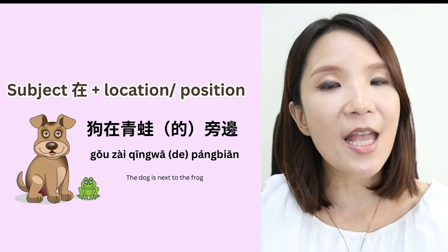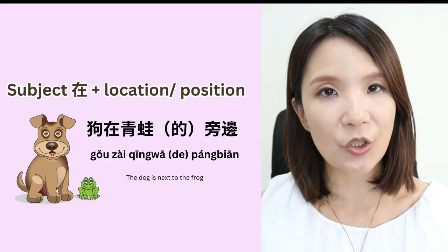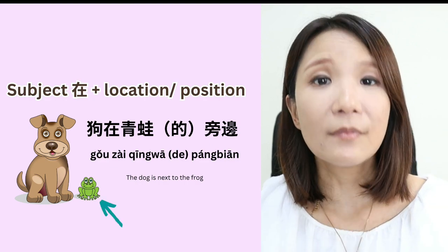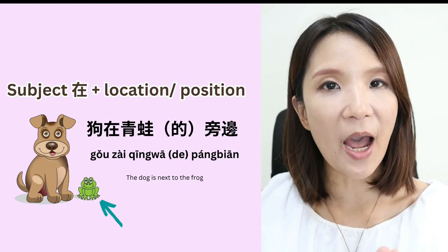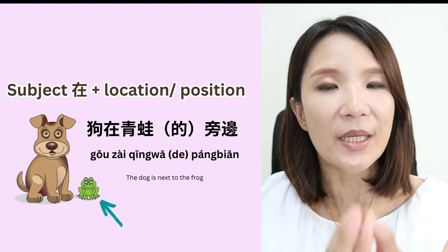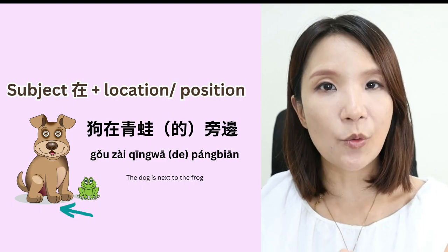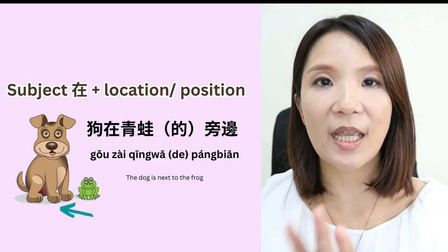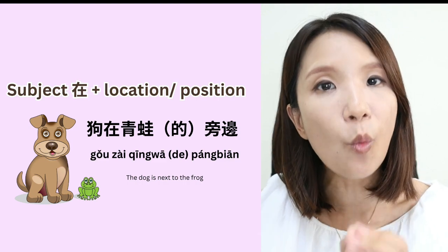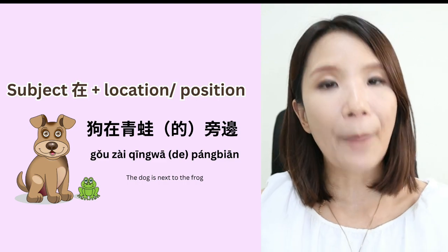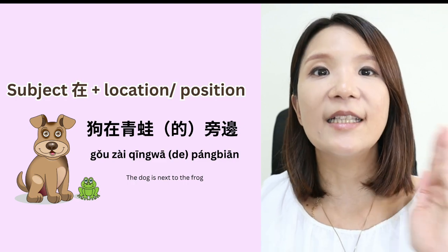So in the Mandarin way of thinking, you have to target the frog first. So you have to find the frog, 青蛙, and then I tell you it's next to it. 青蛙的旁边, so next to the frog. So first you have to find the frog, 青蛙, 青蛙旁边, frog, and next to it.